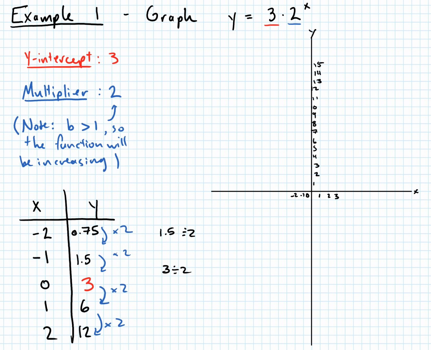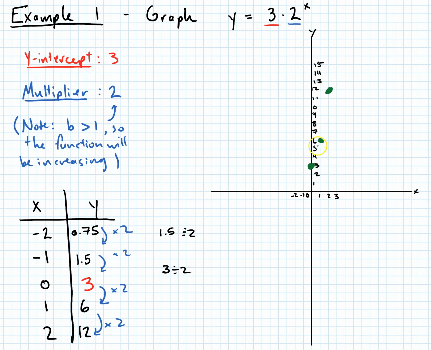Okay, let's graph. Alright, so our first point, 0, 3. That's our starting value, or y-intercept. We got that right from the equation. And then to get to the next point, we go over here to 1 and 1, 6. You can kind of see the growth, right? 3 to 6, that's times by 2. And then for the next point, if we go over to 2, and then go up 12, there's our next point.